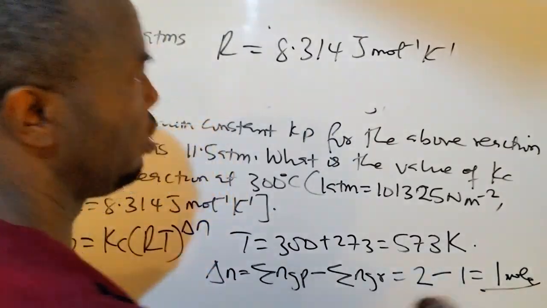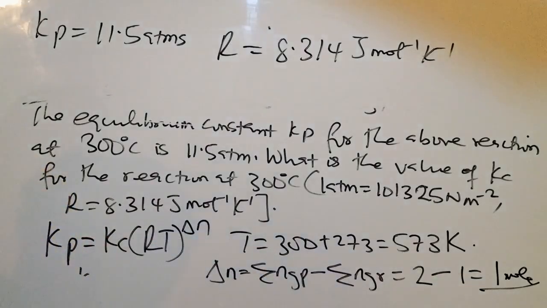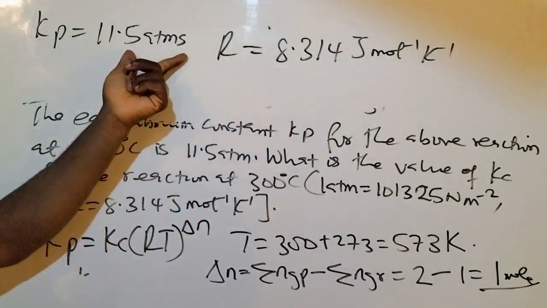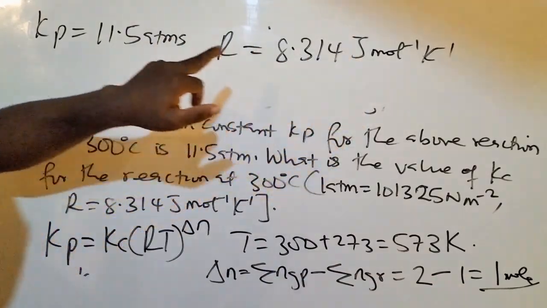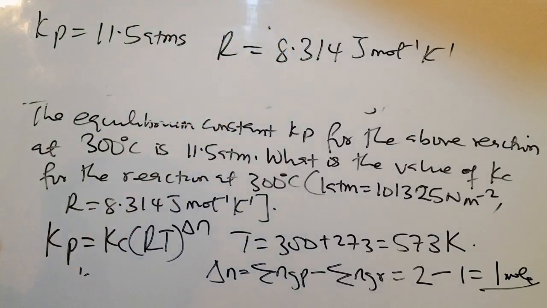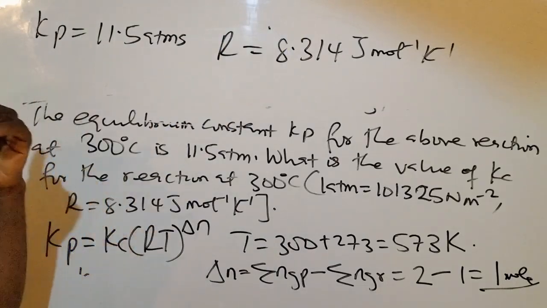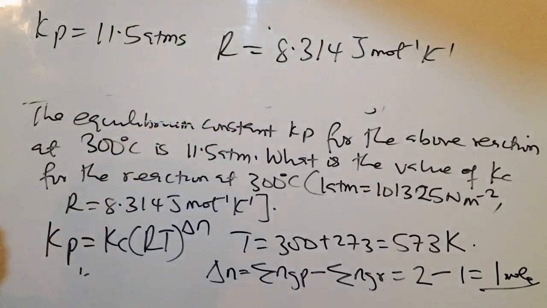The change in mole. Kelvin, that is temperature, reflected here. Then joule, and this is atmosphere. So these two units are not uniform. This is the standard unit. What is the non-standard unit? So you cannot use this R to do your calculation. It will be an error because this is not carrying atmosphere. The two units are not uniform. They're not concordant.